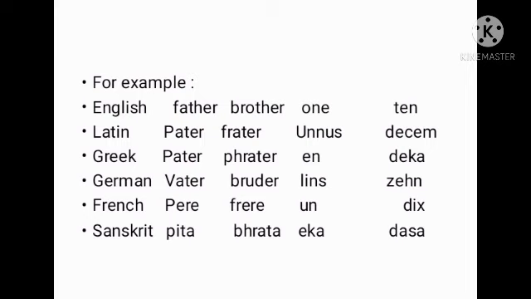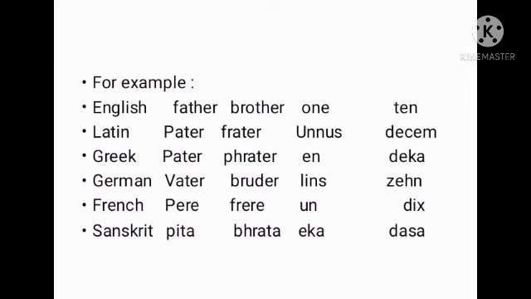The next word, brother. In English we have brother, Latin frater, Greek frater, German Bruder, French frère, and in Sanskrit bhrata. Considering the numeral, in English one, Latin unus, German eins, French un, and in Sanskrit eka.